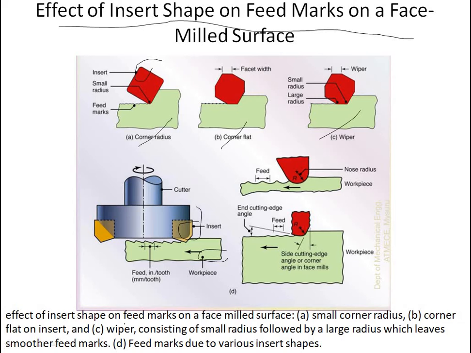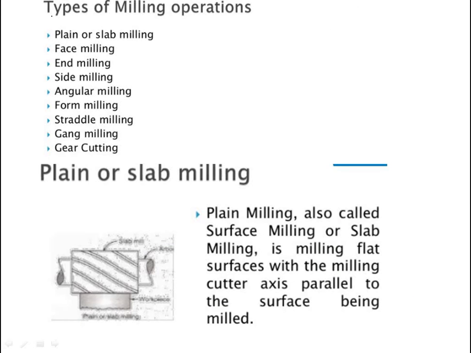Next we'll be discussing types of milling operations. The first one is plane or slab milling, second face milling, third end milling, next side milling, angular milling, form milling, straddle milling, gang milling, and gear cutting.